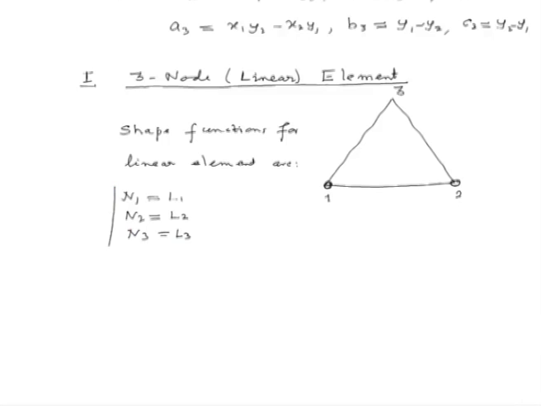So, now you can easily see the simplicity which has been introduced by the use of area coordinates, that our shape functions are expressed in a very simple form. And you can also see this is an isoparametric element.